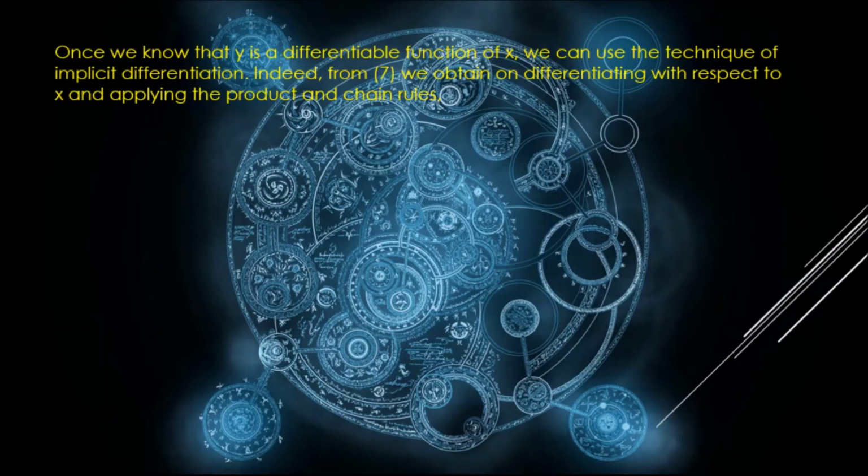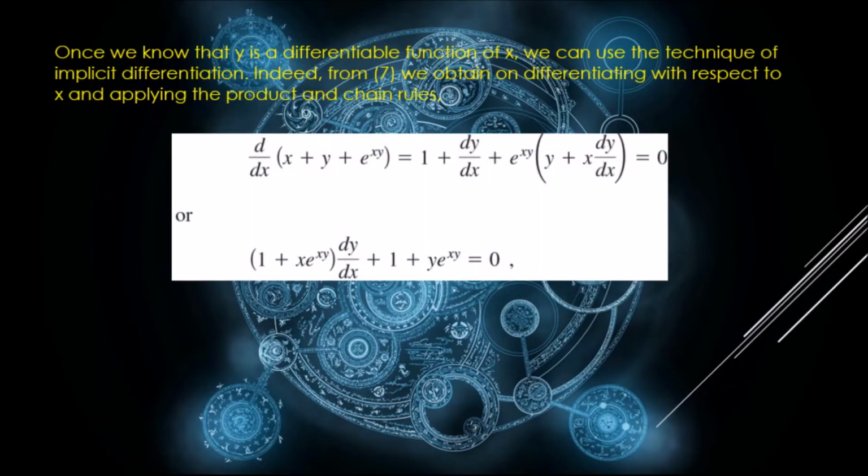Indeed, from equation 7, we obtain on differentiating with respect to x and applying the product and chain rules. Okay, so we get the first derivative of the function with respect to x. So we perform implicit differentiation. So we obtain 1 plus dy over dx plus e raised to xy times y plus x dy over dx equal to 0.